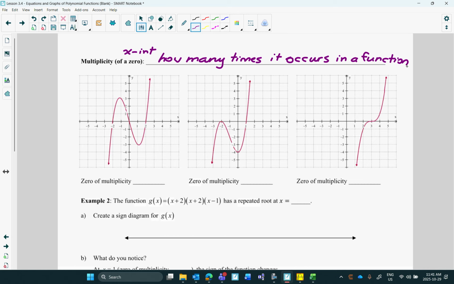And it's going to be 1, 2, or 3, depending on whether it goes straight through, whether it bounces back, or whether it flattens out.